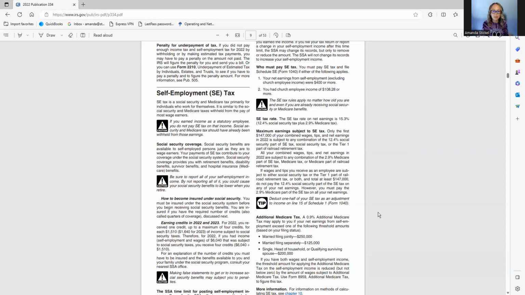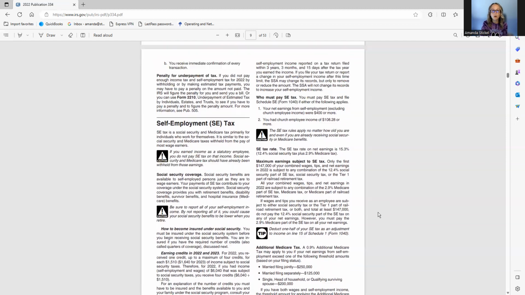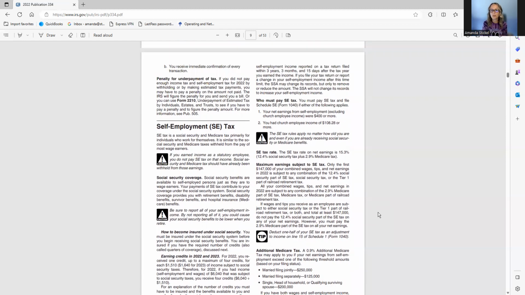For an explanation on the number of credits you must have to be insured and the benefits available to you and your family under the Social Security program, consult your nearest SSA office. Caution, making false statements to get or to increase Social Security benefits may subject you to penalties. The SSA time limit for posting self-employment income. Generally, the SSA will give you credit only for self-employment income reported on a tax return filed within 3 years, 3 months, and 15 days after the tax year you earned the income.